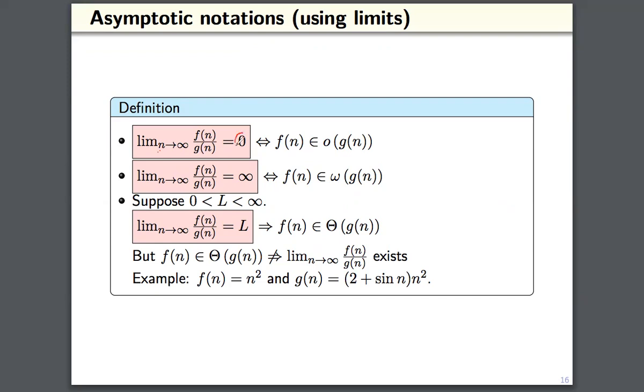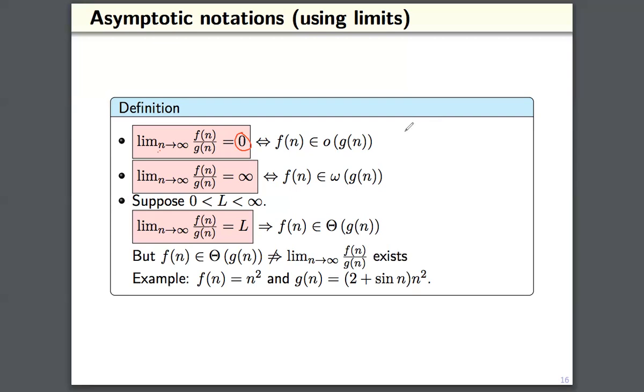If you get it as 0, then it is equivalent to saying f of n is small o of g of n. Is this correct? Yes, exactly.